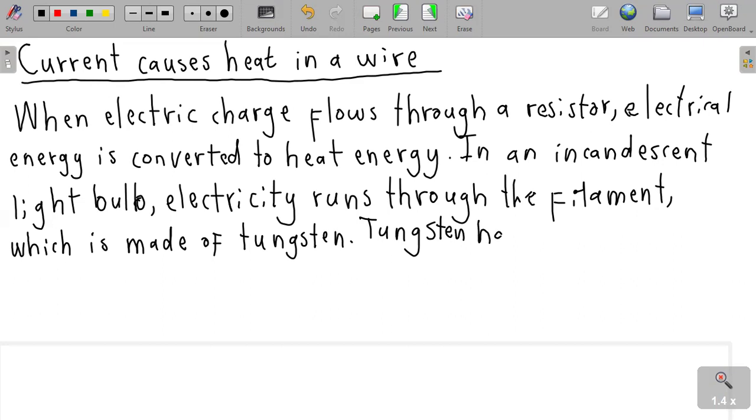Tungsten has a high resistance to electricity.